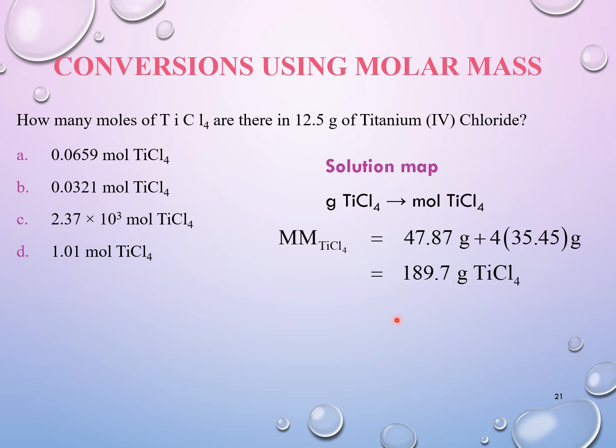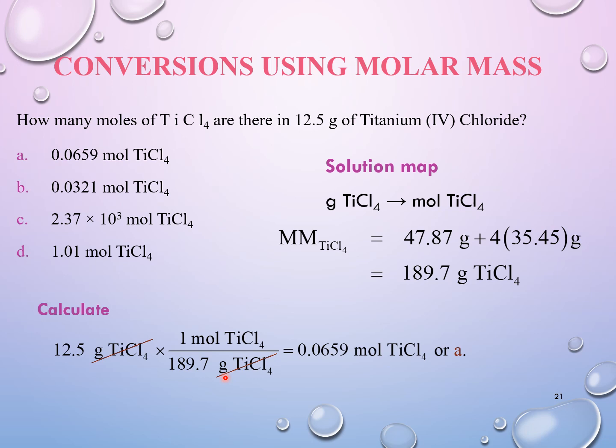So then, if you know the fact that 1 mole contains 189.7 grams, you can use it to convert where you put the grams on the bottom to cancel off. So 12.5 grams to 1 mole TiCl4 on the top, 189.7 grams on the bottom. You cross off the grams, so you have your answer in moles, and you get 0.0659 moles of TiCl4, or A.